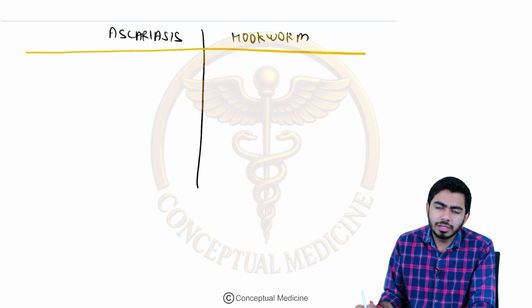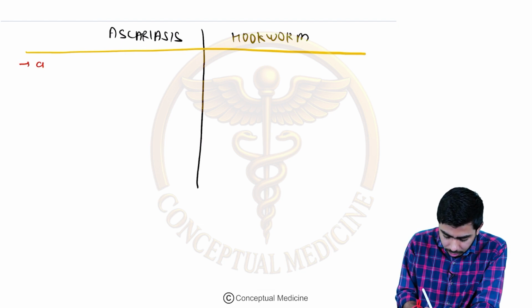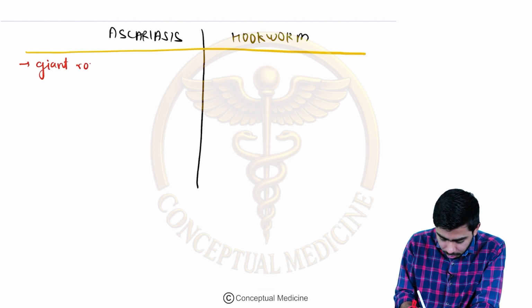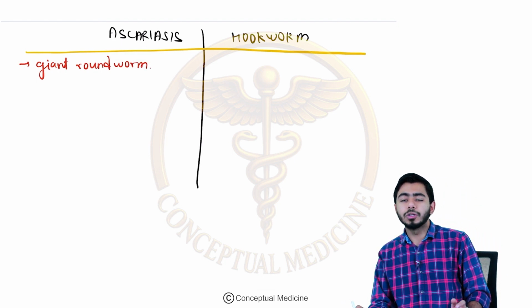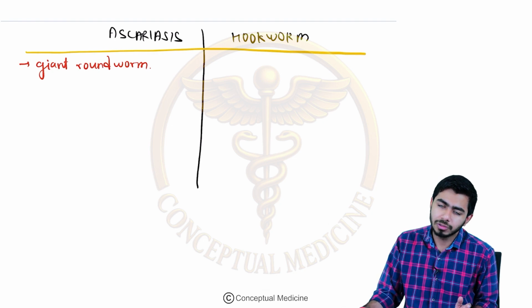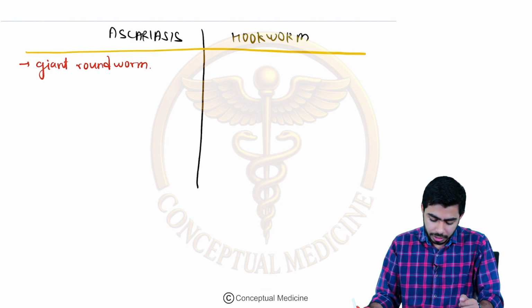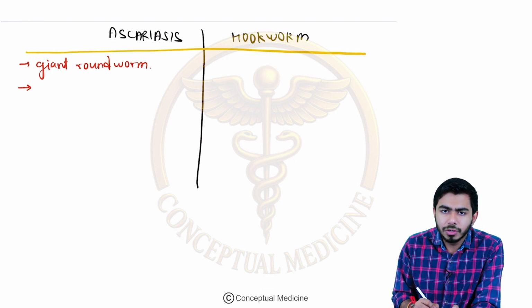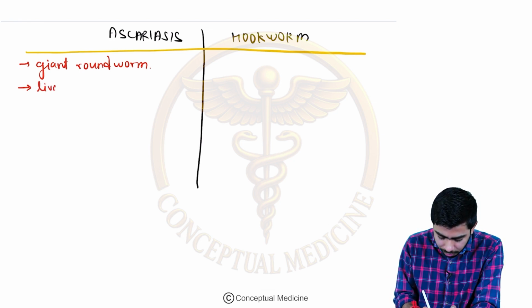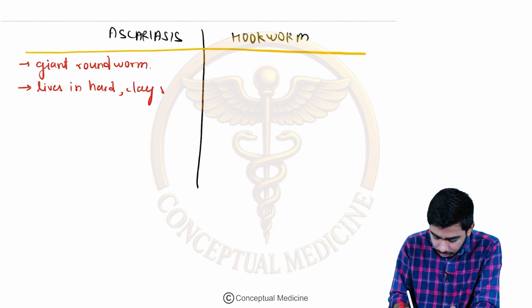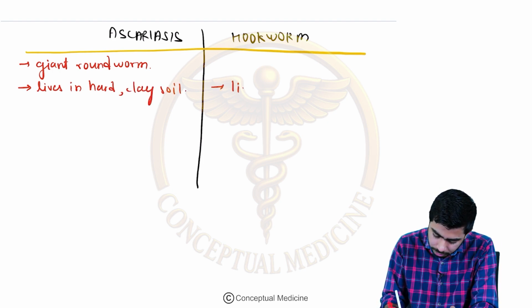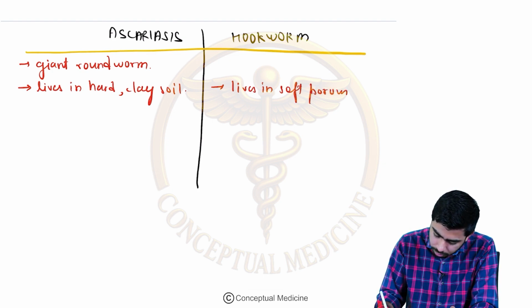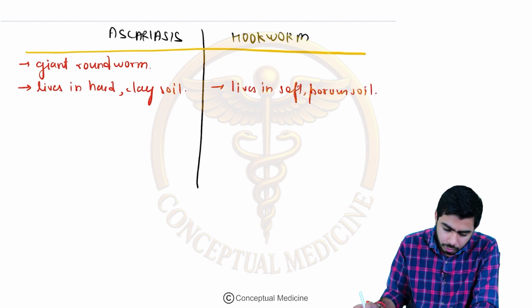If you talk about ascaris, if you remember, I told you this is the giant round worm, right? Big round worm you are seeing over there. We have seen the pictures as well. 15 to 30 centimeter as far as male is concerned, 20 to 35 centimeter as far as females are concerned. It lives in the hard clay soil, and as far as hookworm is concerned, it lives in soft or porous soil, right?